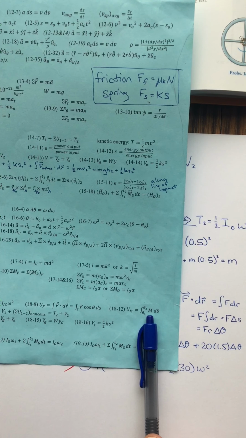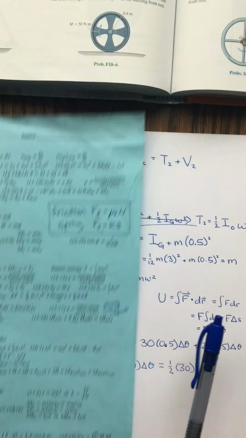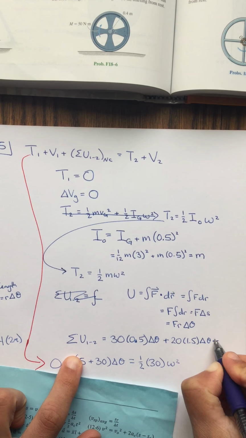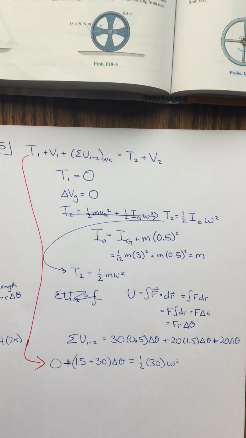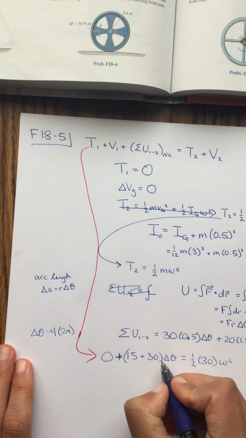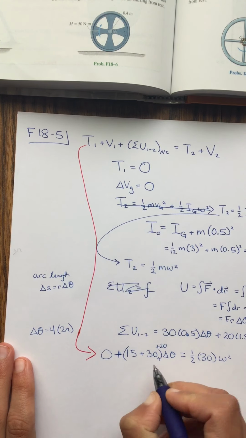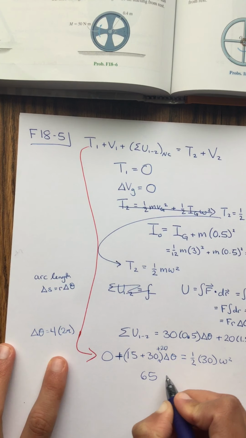It's constant at 20, so we can pull that outside and we just get 20 times delta theta. So it's this plus this, and then for the couple moment, we have plus 20 times delta theta. So in here, we have a plus 20. That would be 15 plus 30 plus 20, that's 65 times delta theta.